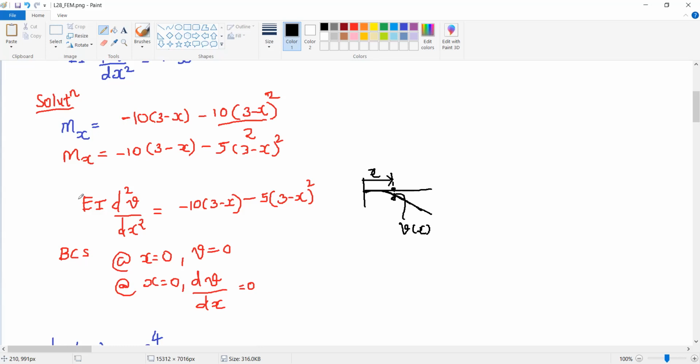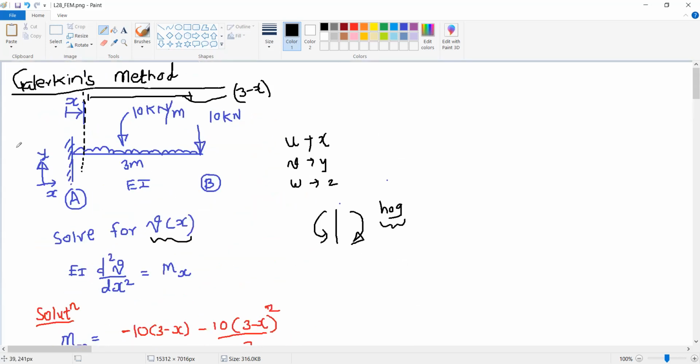So what are the boundary conditions here? Nobody is going to give you all the boundary conditions in the problem itself. For example, in this particular case, you will have to write down boundary conditions on your own. So what are the boundary conditions? As support A is a fixed support, therefore at a fixed support, Y directional deformation is 0 and slope, that is rotation, is also 0.